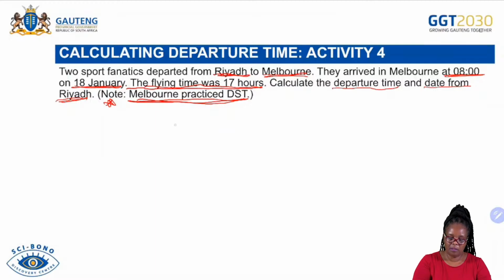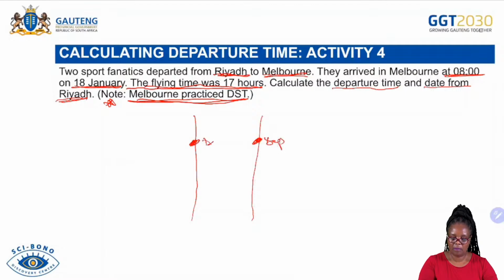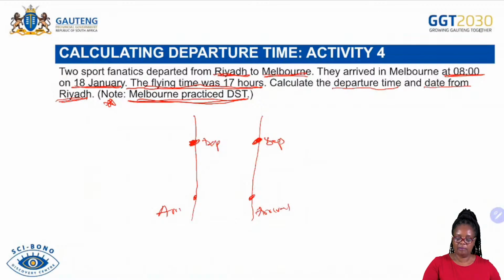So the two lines of longitude, here they are. We have our departure, we have our arrival. We want to find the departure. And the two lines already we have found them.